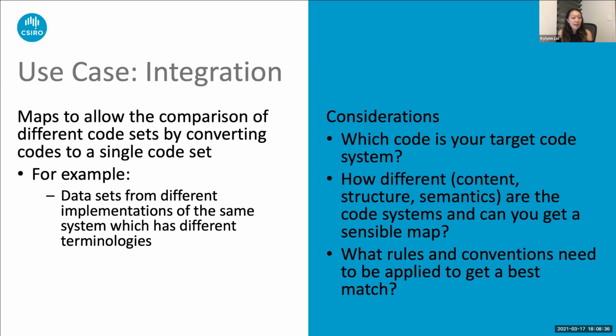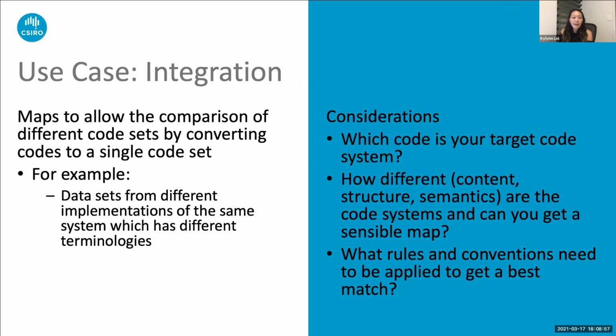Another example use case is the integration use case. You can use maps to allow the comparison of different code sets by converting codes to a single code set. An example of this might be different data sets from different implementations of the same system, where each has different terminologies implemented.